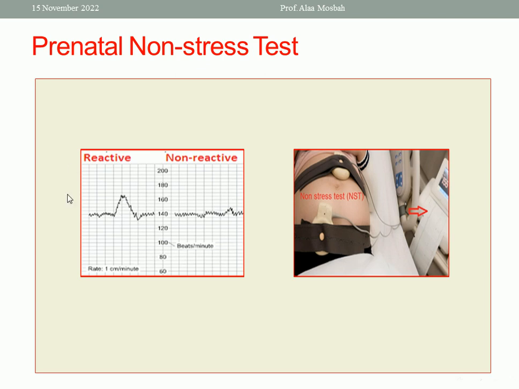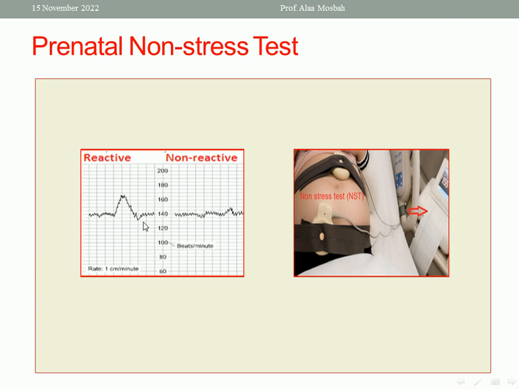So if I found in the non-stress test 2 accelerations like this one within 20 minutes, each acceleration more than 15 beats per minute lasting for more than 15 seconds, this is called a reactive non-stress test. Is this the only item I see in a non-stress test?